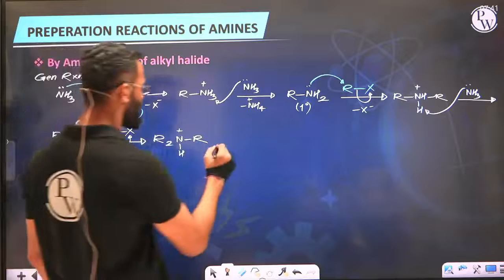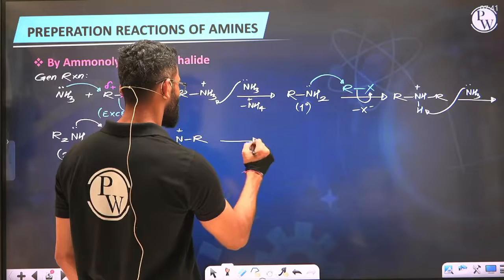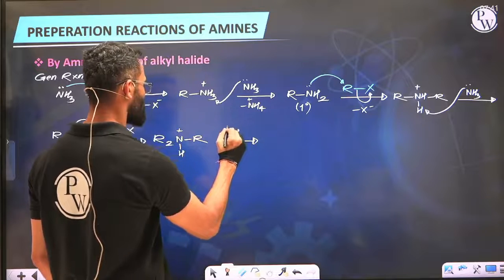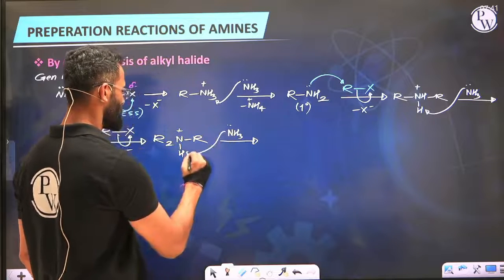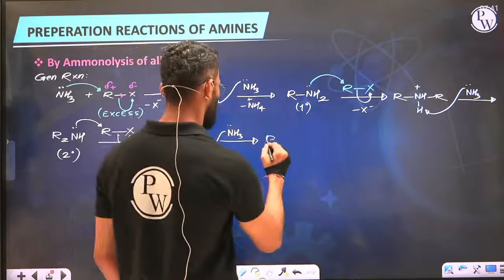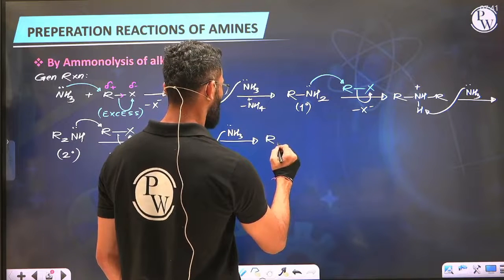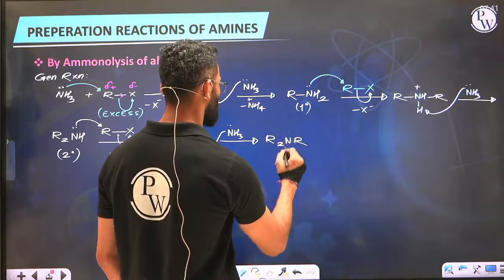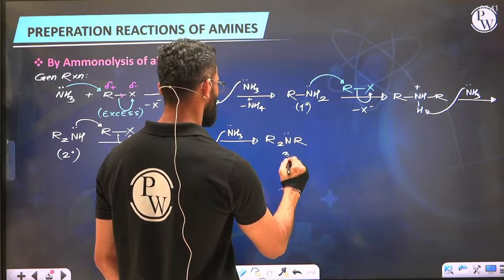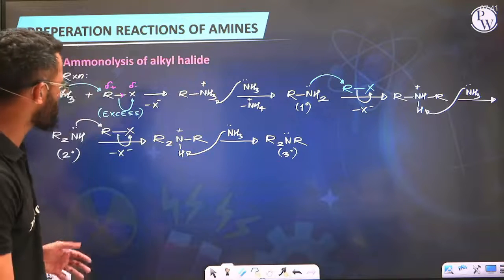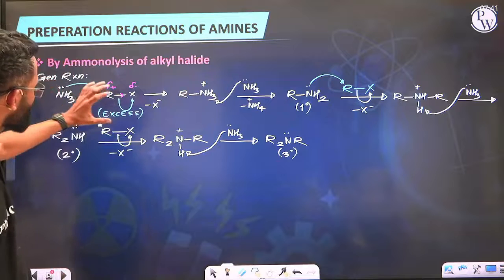So there is still one more proton left. Ammonia will now again carry out deprotonation here, so that this bond pair will go back on N and neutralize this N. So we'll get formation of R2NR, nothing but a tertiary amine.